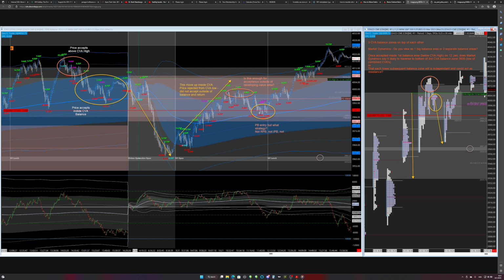You have exception rules of exception of traversing, and you have pretty strong support in this previous day and composite value area here, and you have the slope of the DVAs up. So actually value is migrating up, and so this is an excellent long entry in this area.